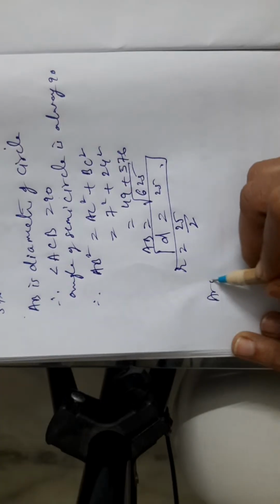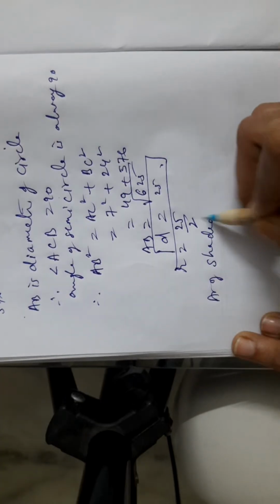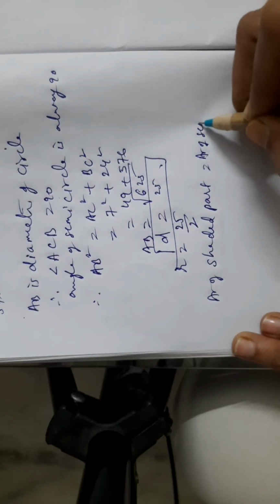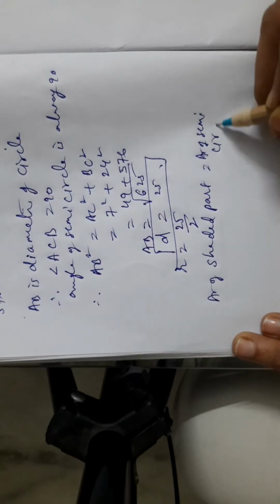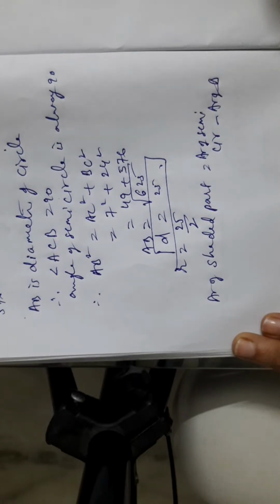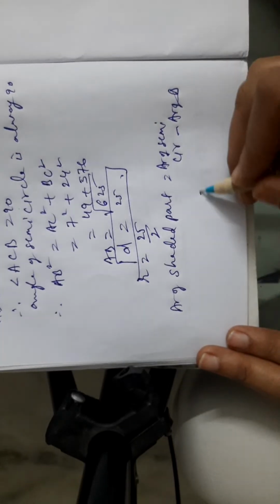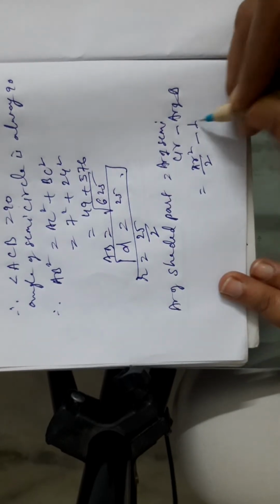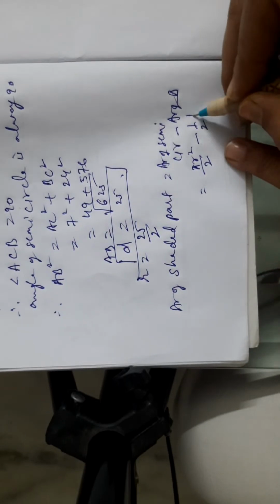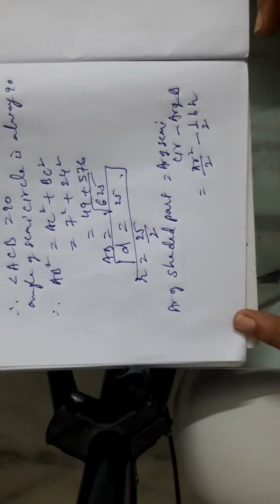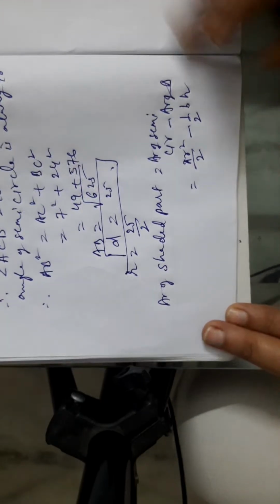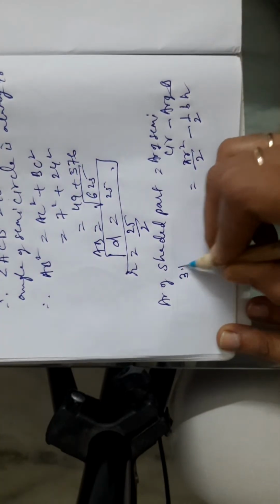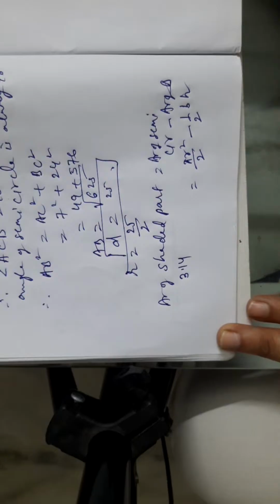Now the area of the shaded part is the area of the semicircle minus the area of the triangle. For the area of the semicircle, it's pi r square by 2. For the area of the triangle, as it is a right angle triangle, it is half multiplied by base multiplied by height. For the value of pi, just to check, maybe 3.14 is given, as the radius is not a multiple of 7.